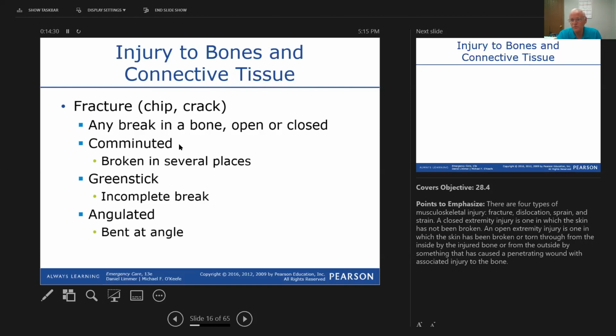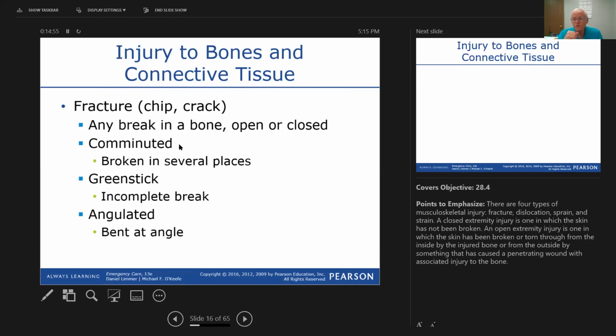Lots of times, even on x-rays with the kids, you really can't tell that there was a fracture there. They'll put them in a splint, tell them to come back in 7 to 10 days for another x-ray, and they x-ray them again, and they'll start seeing that new bone being deposited, and they'll say, yep, that was a fracture. So green stick is an incomplete break. I actually have a picture of that for you towards the end as well.